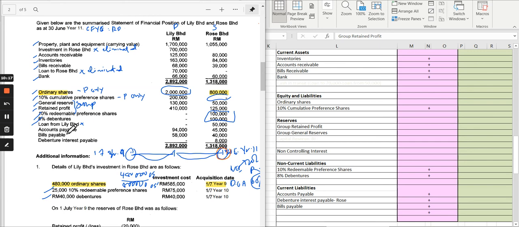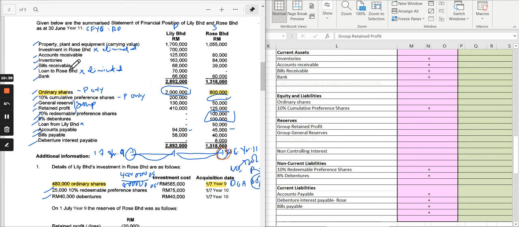Okay, so the loan from Lily will not be included, but accounts payable will be included. Of course, you're going to add the parent with the one of the subsidiary. That will be the same for most of the items. Bills payable and debenture interest payable. So all asset and liability items are being included with certain exceptions.